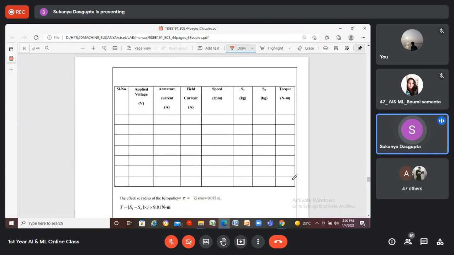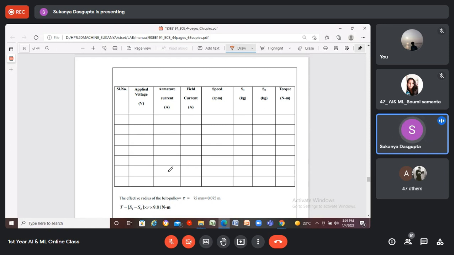So in this experiment, we'll keep the field current constant, we will not vary the field current by adjusting the rheostat connected with the field winding. We'll fix the field current at 0.25 ampere. And after that, we'll vary the armature current. That means in this second column, we'll vary the armature current by varying the load.